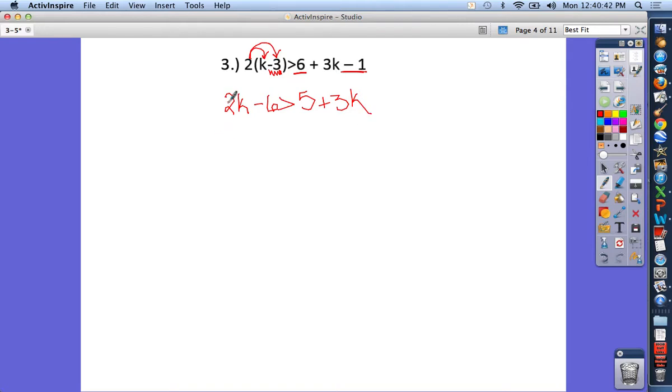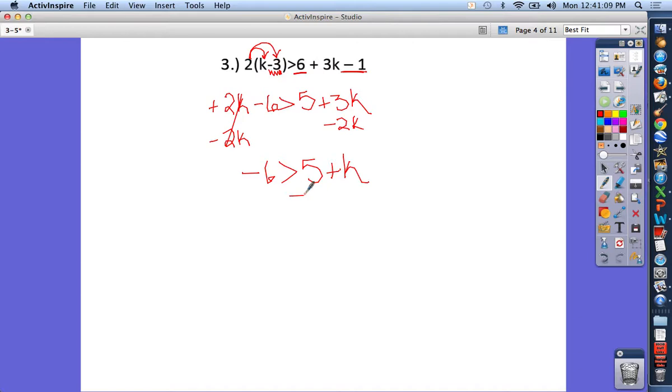So I'm going to, if I have positive 2k, and remember, if you're somebody that right away said that you should add 2k because you're looking at this negative, it's a positive 2k. How to get from positive 2k to 0? You have to subtract 2k because 2k minus 2k is 0. Bring down your negative 6 minus 2k. So negative 6 is greater than 5 plus k.